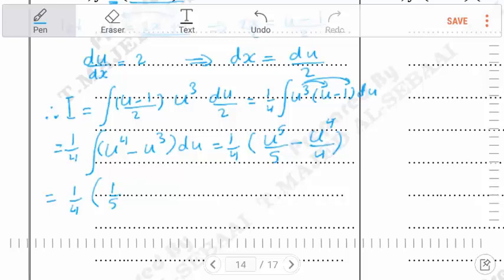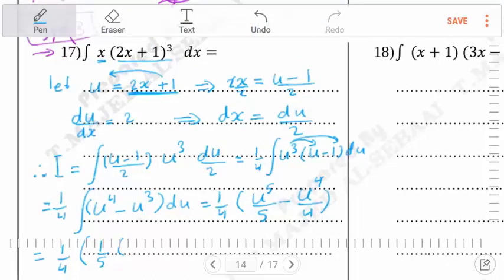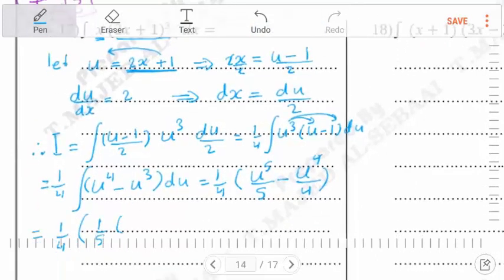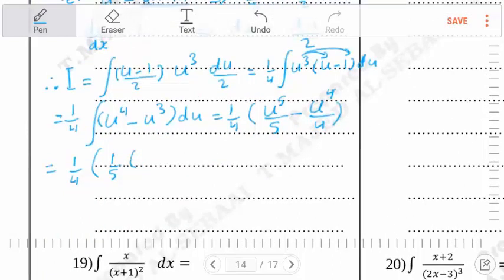Okay? What is u? What is u? It is here. It's 2x plus 1. Okay? To the power of 5 minus 1 over 4, 2x plus 1 all to the power of 4 plus c.